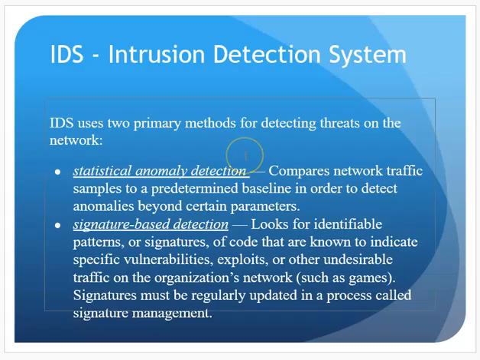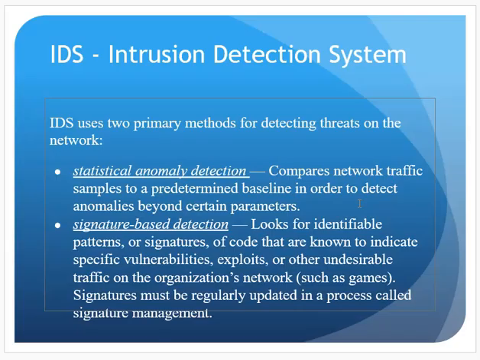They use two primary methods for detecting threats: statistical anomaly or signature-based detection. Your statistical anomaly compares network traffic to a predetermined baseline and goes, hey, this seems out of normal for today. There seems to be a lot more of this thing going on. And again, that might be traffic from streaming, that might be traffic from games, that sort of thing.